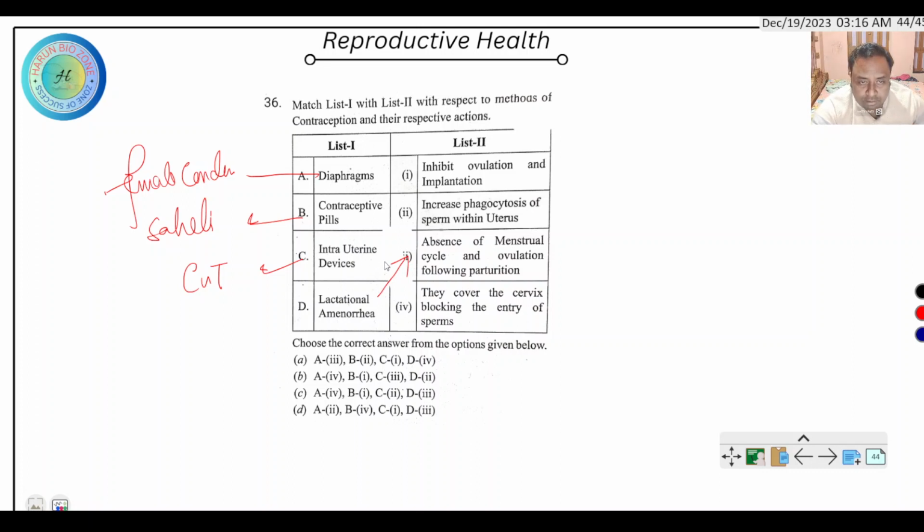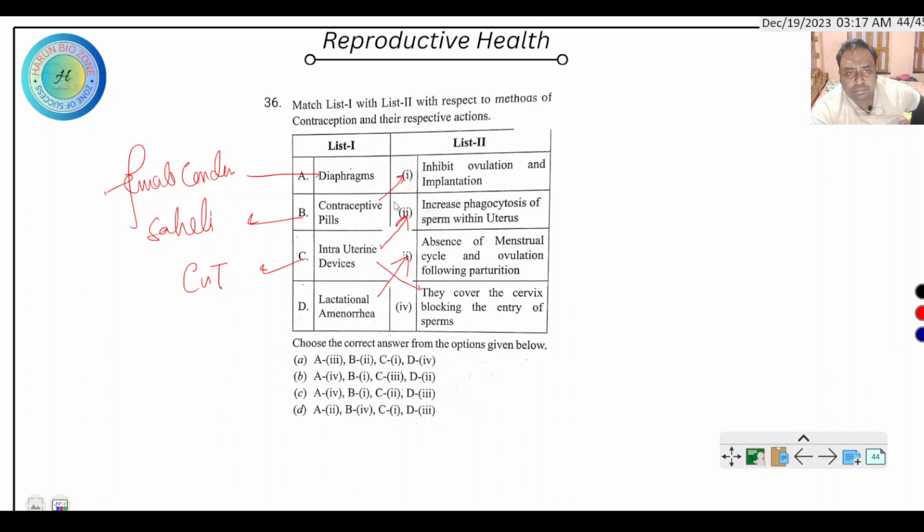Intrauterine device increases the phagocytosis of sperm. The contraceptive pill inhibits ovulation and implantation.